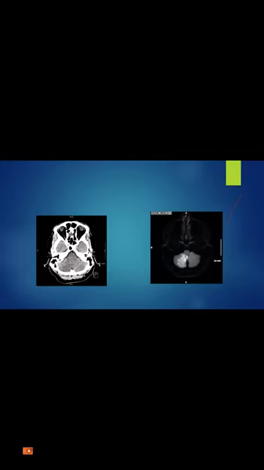Okay, again, this case: headache, vague symptoms. The only finding was to look carefully at the cerebellum. There is infarction, subtle hypodensity in the right cerebellar hemisphere. That was confirmed afterwards with MRI diffusion restriction. And again, be careful because cerebellar infarction may have very vague symptoms.